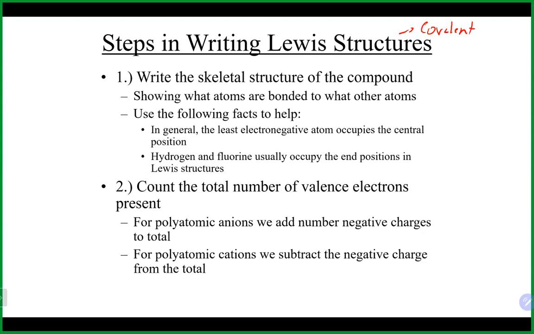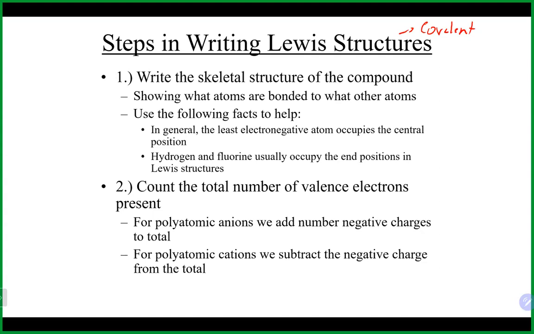Count the total number of valence electrons is probably the most important thing. When you count up the total number of valence electrons, that needs to be in the entire molecule that you're drawing, or ion that you may be drawing. Now, if you are drawing a polyatomic ion, which is nonmetals covalently bonded and sharing electrons but with an overall charge, you need to also take into account the charge.